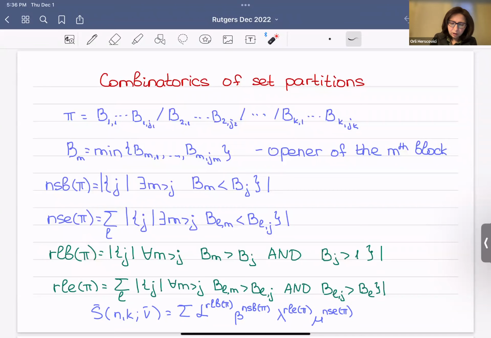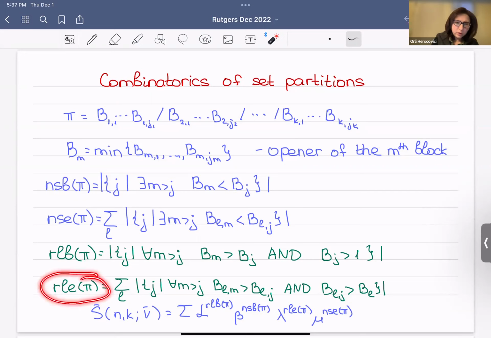So we will count all blocks in the sequence of openers, like in the statistic right-to-left minimum, but we demand that this opener be greater than 1.